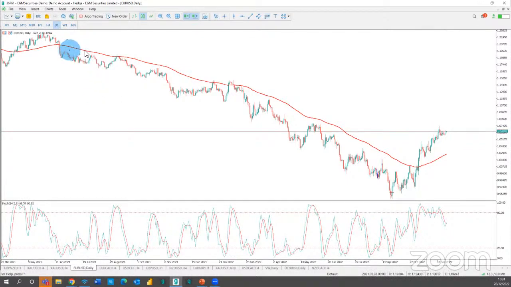So look at this downward flow. This is a downtrend. So for this strategy, you want to make sure if you're in a downtrend, then look for trades to sell. If the price turns into an uptrend, look for trades to buy. That is one of the rules that you have to keep.